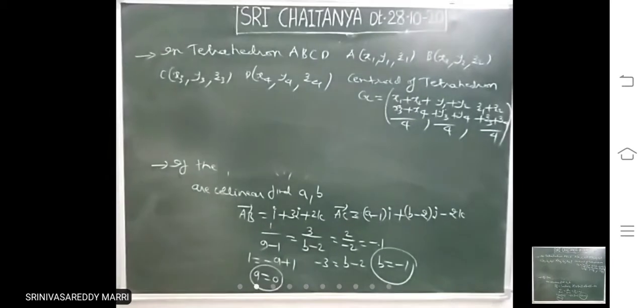So therefore, the centroid of the tetrahedron is nothing but the sum of coordinates divided by 4. Triangle means 3. Tetrahedron means divide by 4.